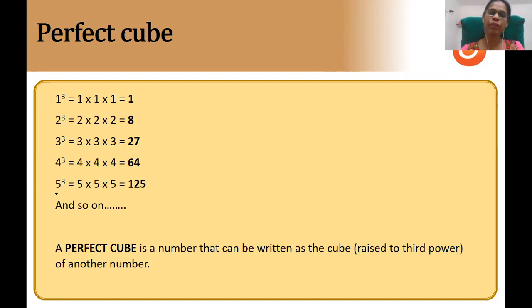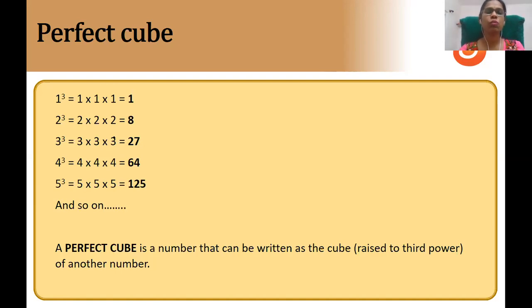In a similar manner, we can find out the cube of 5 also. 5 multiplied by 5 multiplied by 5, which gives a value of 125. And so on, we can calculate. We'll discuss in the next slide the cube of a set of numbers starting from 1 to 20.